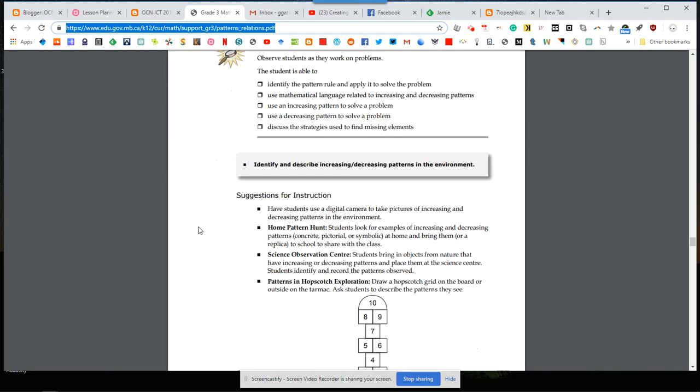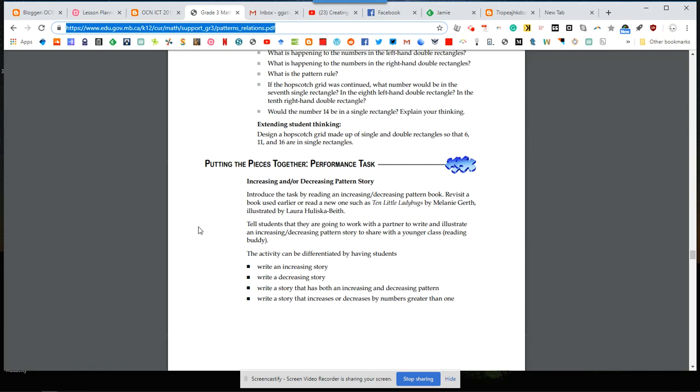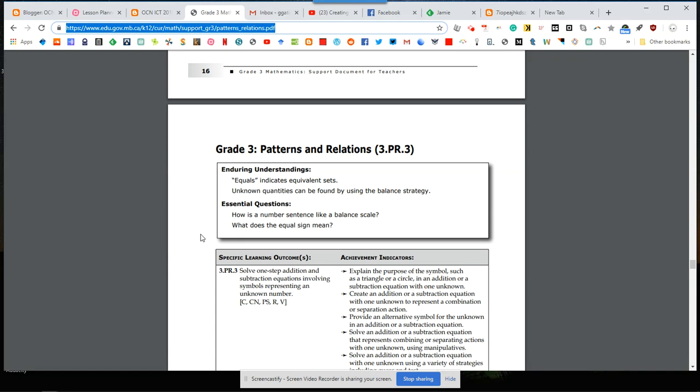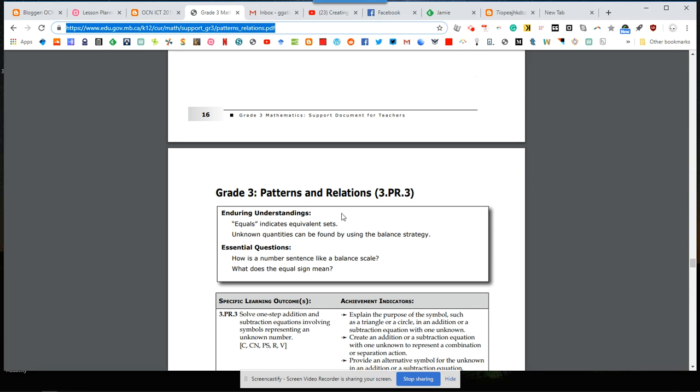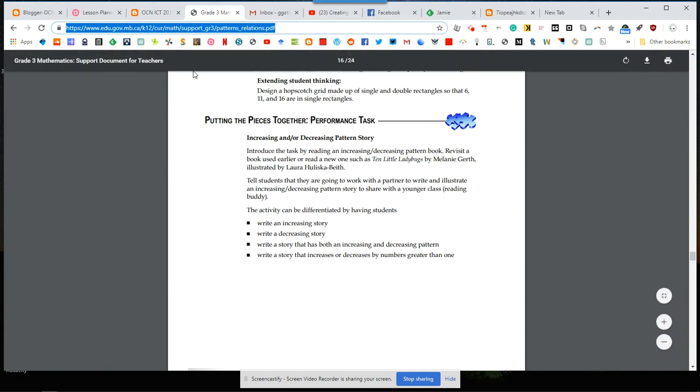So I suspect that some of these will remain the same as they do this curriculum update, but yeah, you just have to keep coming back again. So now on to the next general learning outcome of grade 3, patterns and relations. So anyway, that's the idea of that.